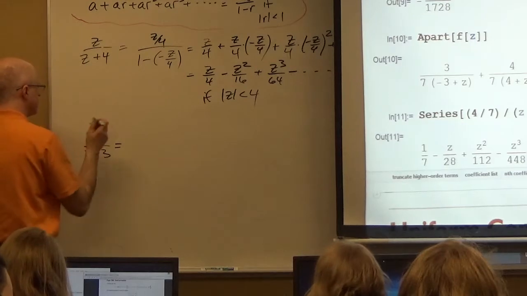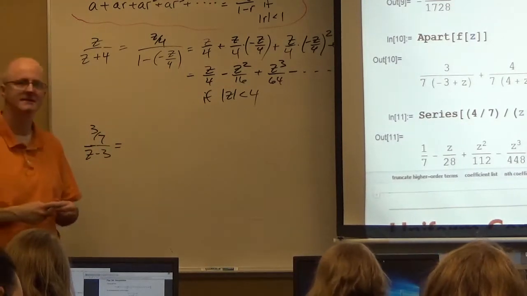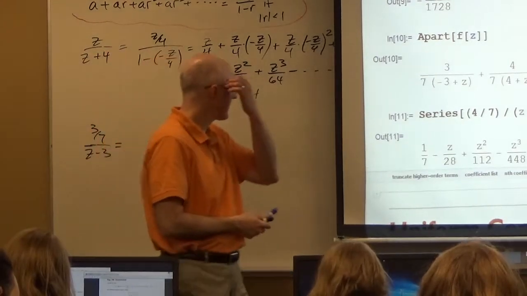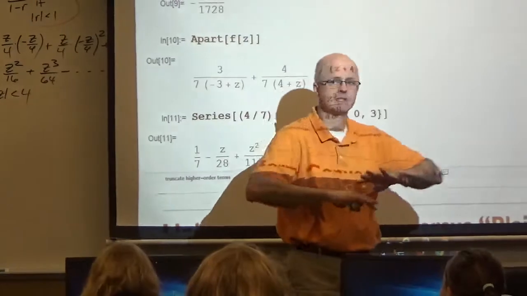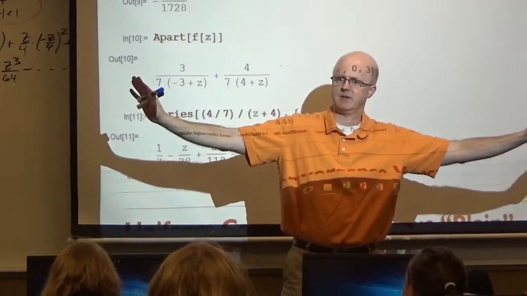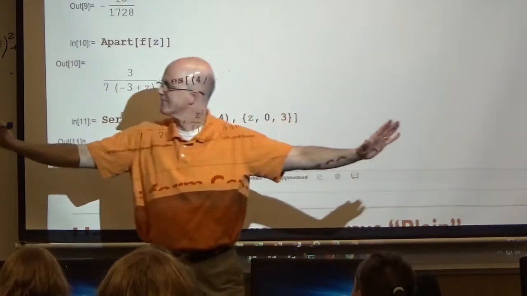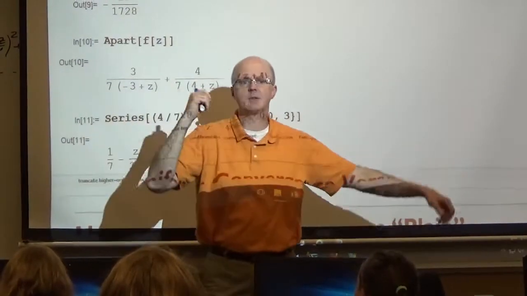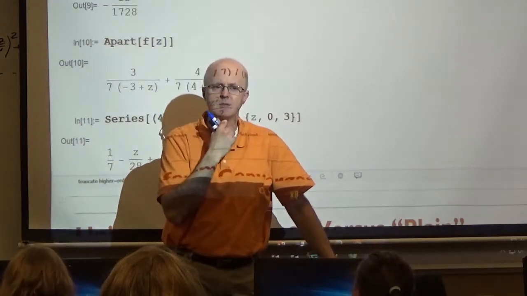Go back to 3/7 over z minus 3. I'd like to see if I can expand this in a series that instead of converging on an open disk centered at the origin, maybe converges outside the open disk of radius 3 centered at the origin. So maybe instead of getting it in terms of powers of z over 3, I wonder if I could get it in powers of 3 over z.